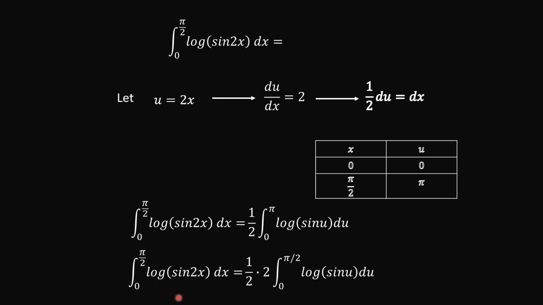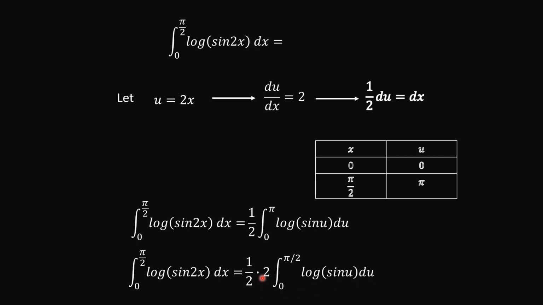So the integral of log of sine 2x is the same as a half times 2 now, and the 2 here represents that we've split the region 0 to pi into 0 to pi over 2, and obviously pi over 2 to pi.